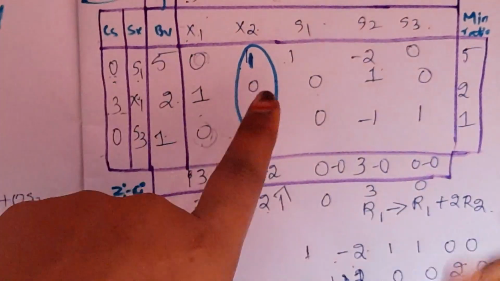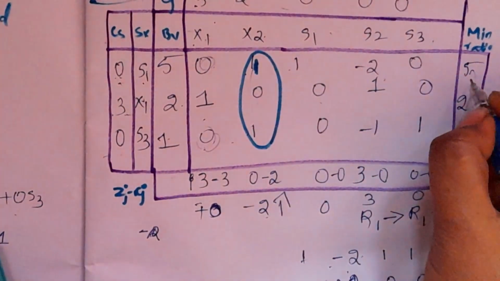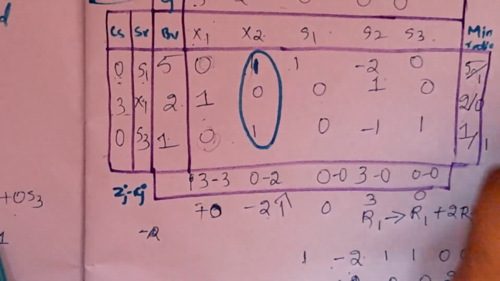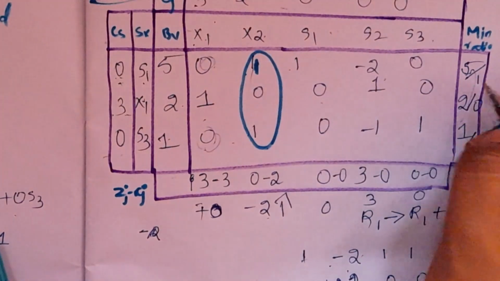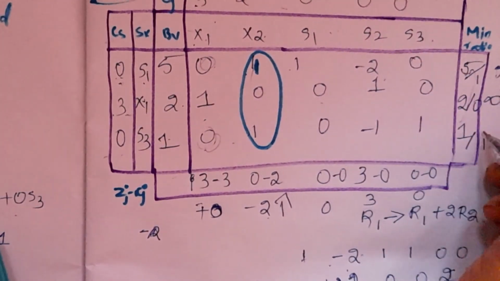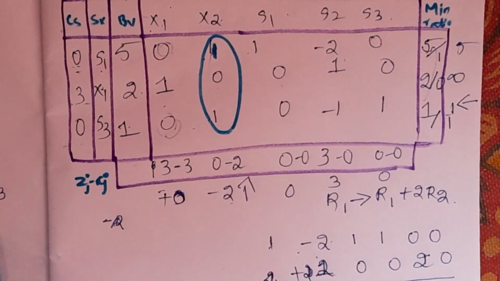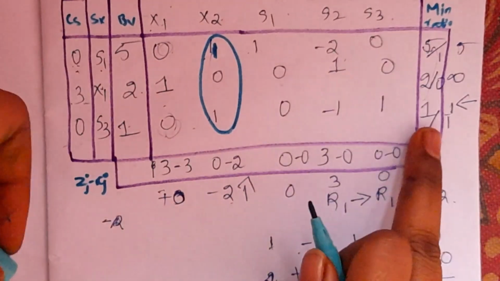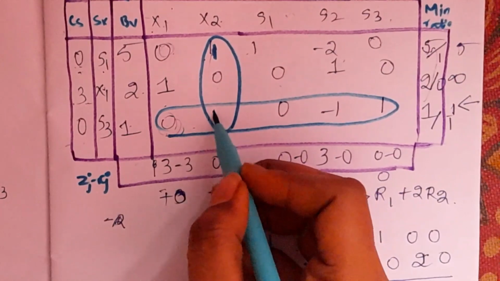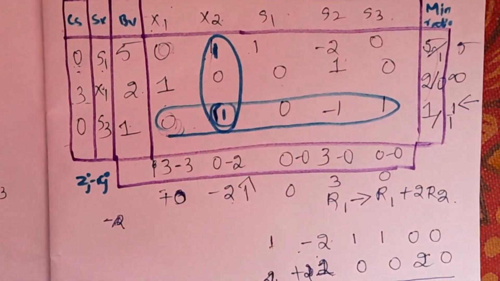By dividing these elements by this, we will get the key row: 5 divided by 1 is 5, this is infinity, this is 1. 1 is the most negative value, so this becomes the key column. Now here 1 is the pivot element. Okay, 1 becomes the pivot element.